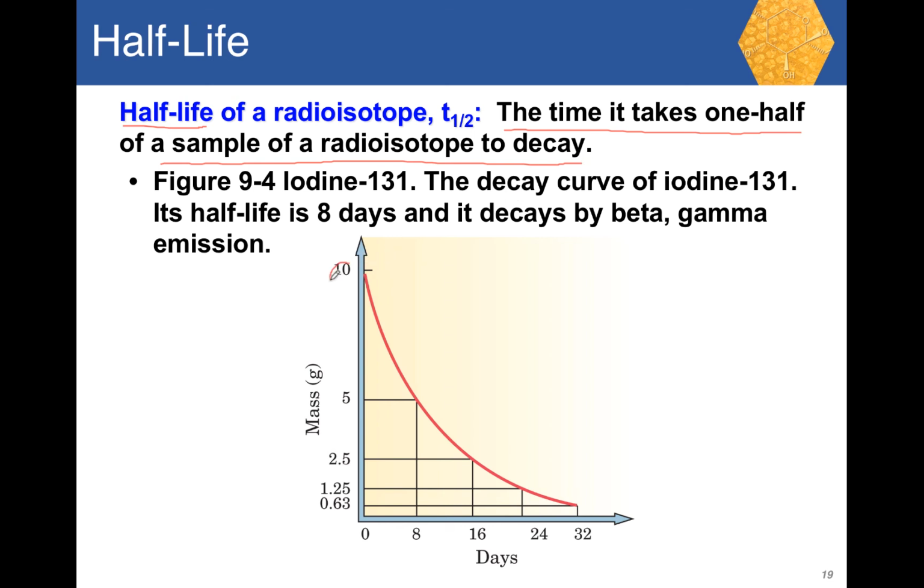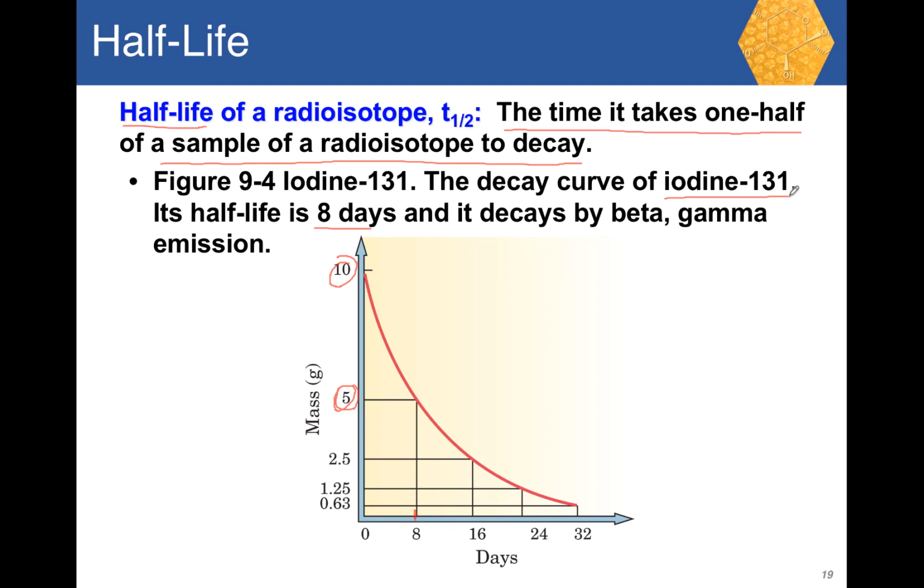This is another way of expressing that same concept. If you have here 10 grams of a sample, and the time it takes to go to 5 grams is 8 days, the half-life for this isotope is 8 days. Turns out that this is iodine 131.